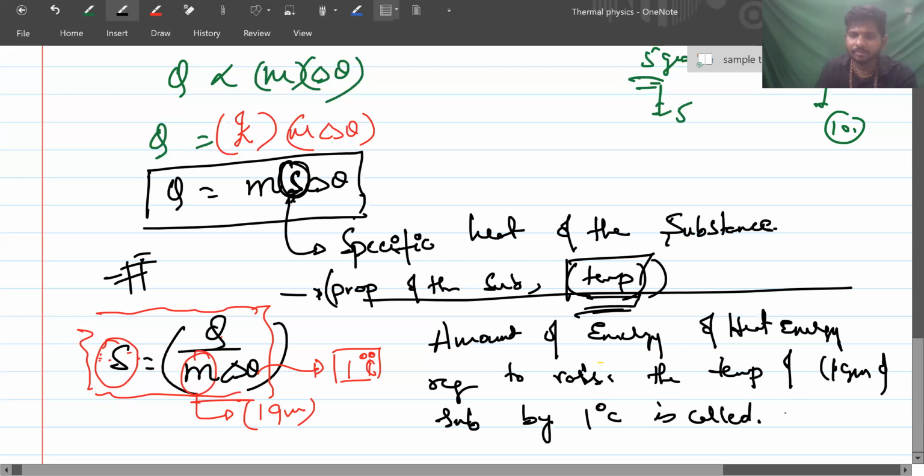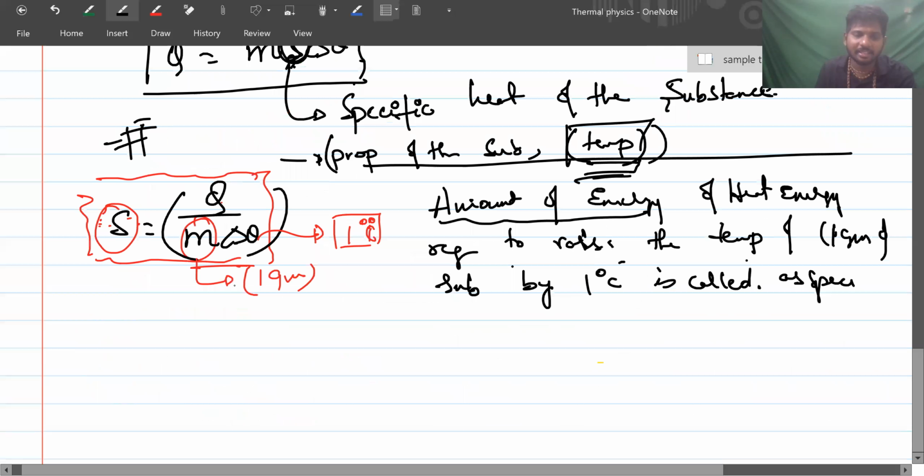Keep m as 1 and delta theta as 1, then S is equal to Q, right? That is the amount of heat energy required to raise the temperature of 1 gram of substance by 1 degree is called specific heat.